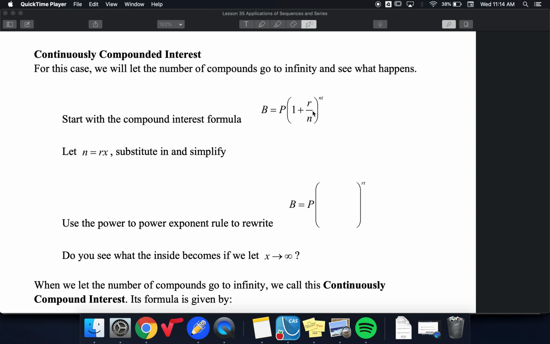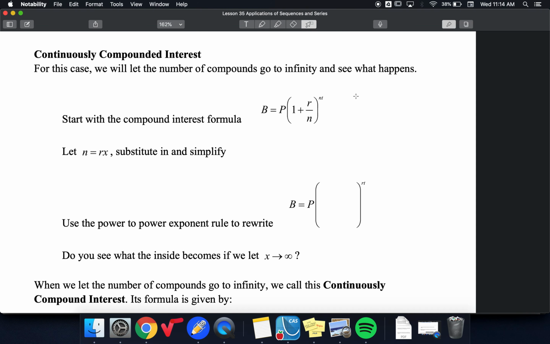And now if we want to think about continuously compounding, that means that our n is going towards infinity. But n going towards infinity with this r on top of it, I don't quite know what that's going to be as my limit happens. So really what I want to do is substitute to have just one variable.